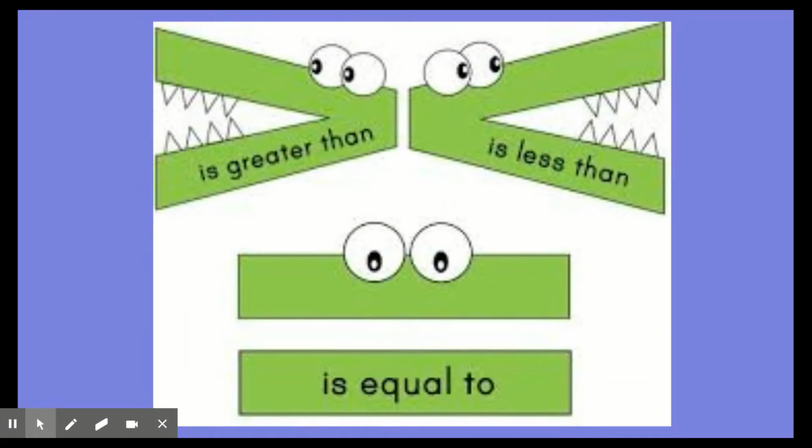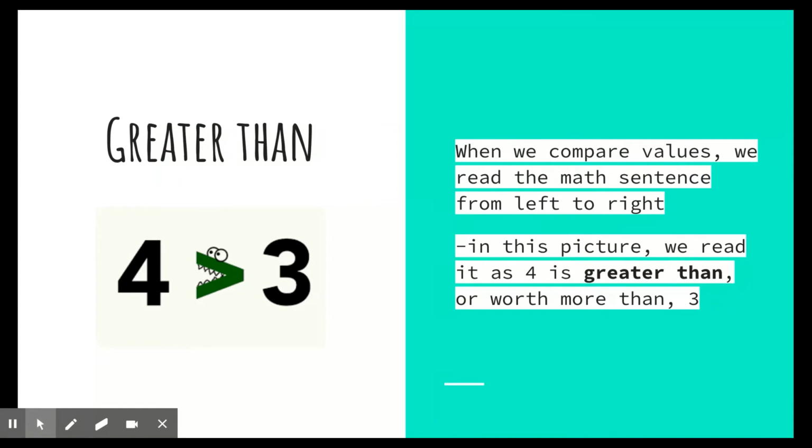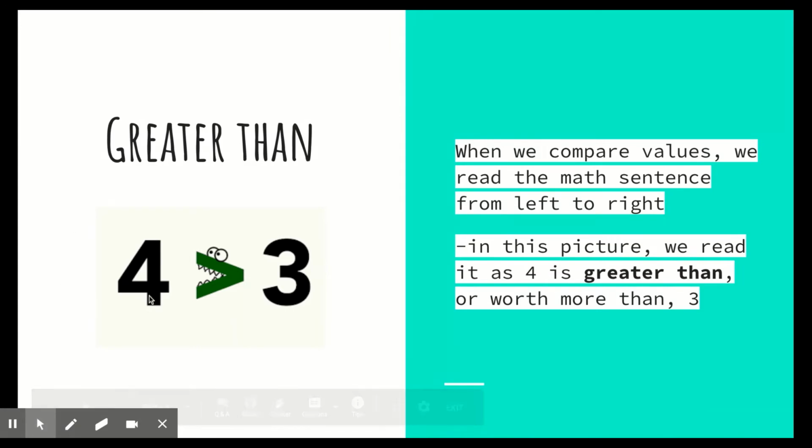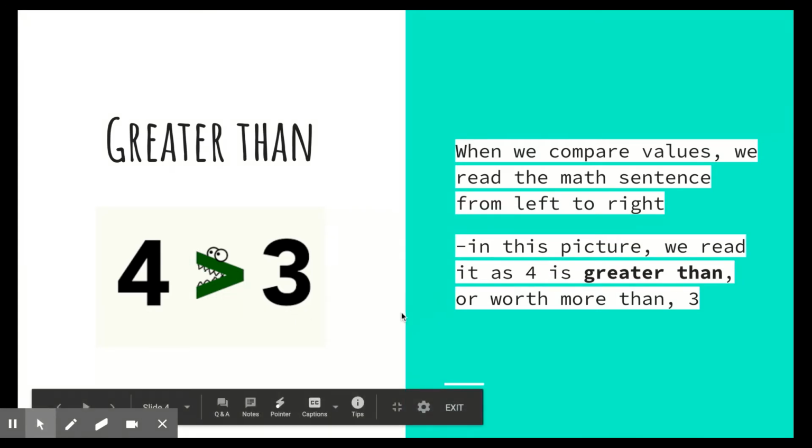So let's look at this in practice. Greater than. I'm going to use the example of 4 is greater than 3. So when we compare values, like I said, you read the math sentence from the left side to the right. So in this picture, we can read it as 4 is greater than 3 or worth more than 3.